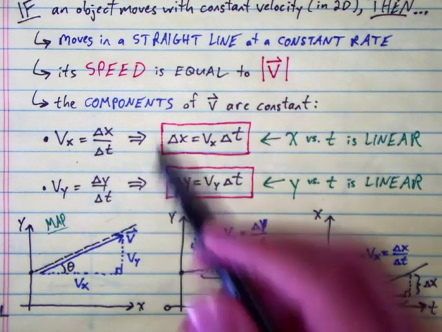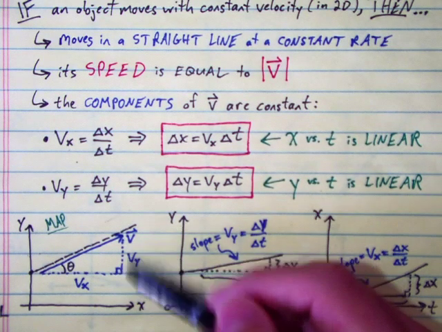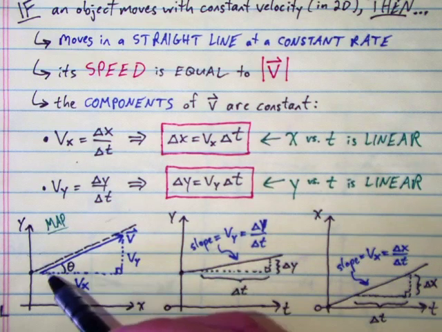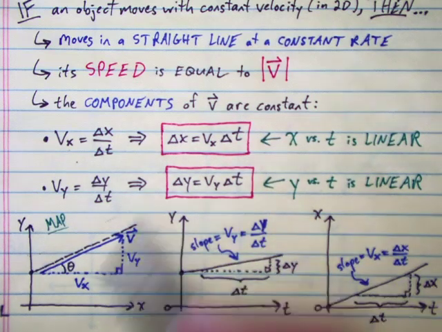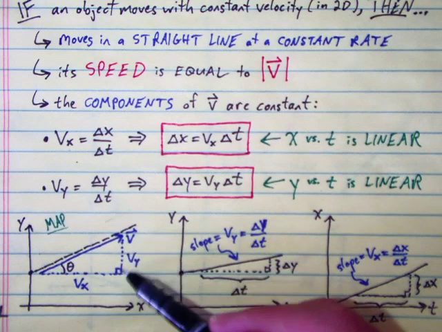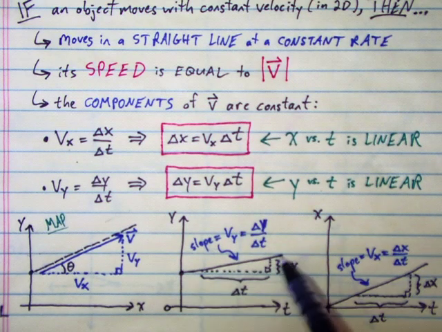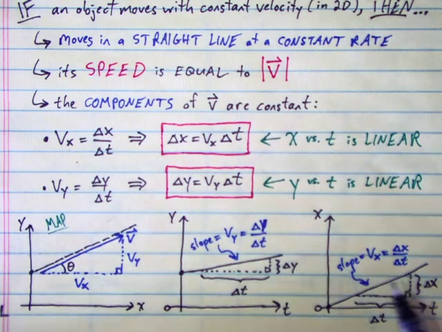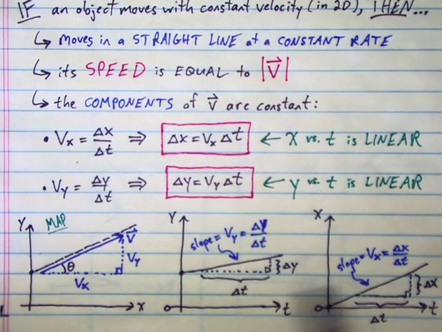So if you measure the lengths of the legs of our velocity vector triangle, Vx will be exactly equal to the slope measured on this graph, and Vy, the y component, will be equal to the slope measured on this graph. Let's compare these two graphs for a moment.